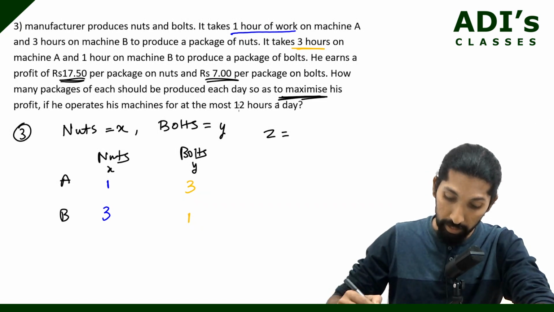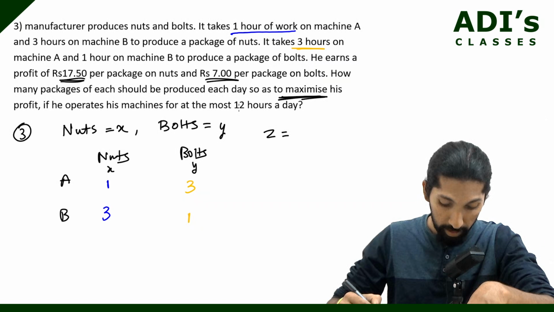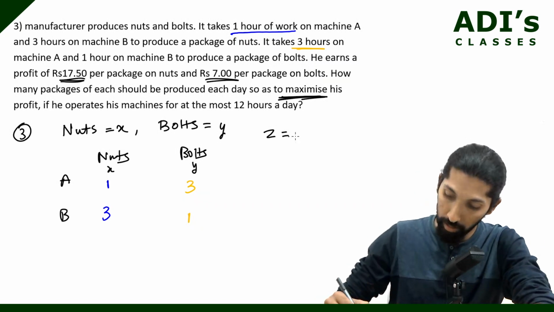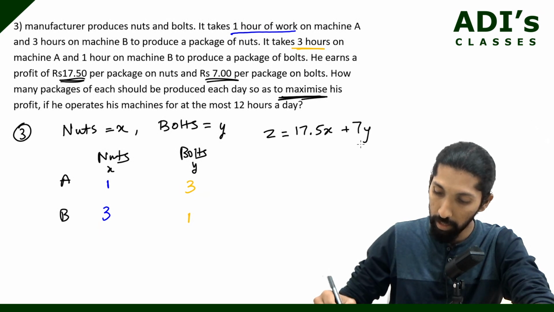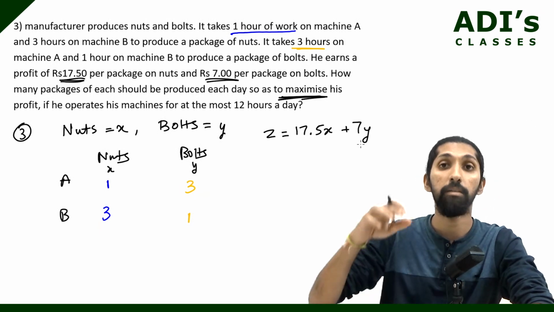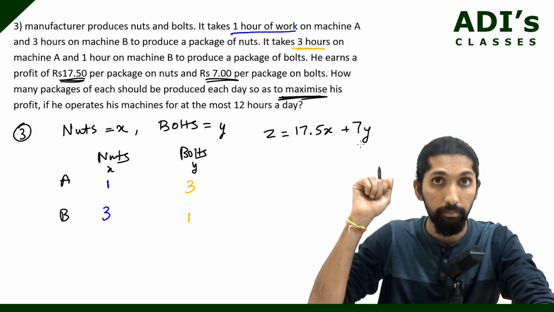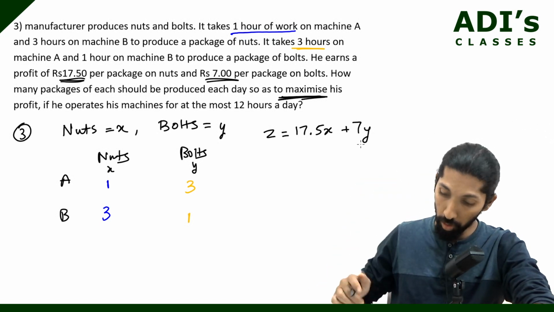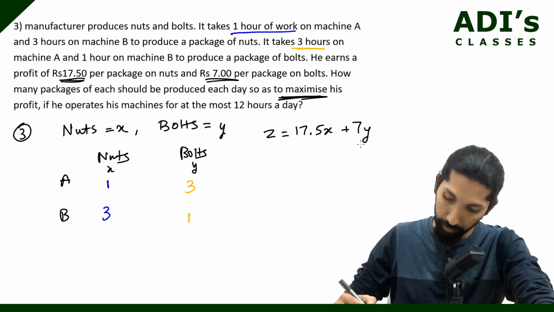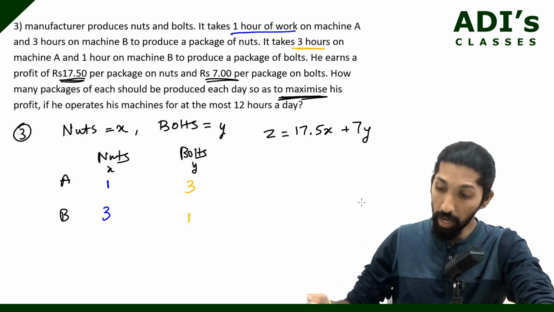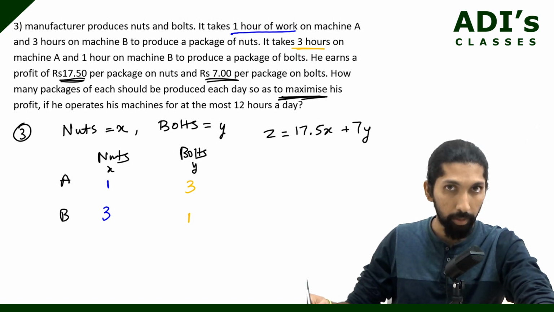And see this, we are maximizing the profit. Z is equal to 17.5x plus 7y. And guys, remember, we need to maximize this one. Make sense? So now what do we have? This is the part. Okay, well and good. But there is one last thing, which is very, very important here.